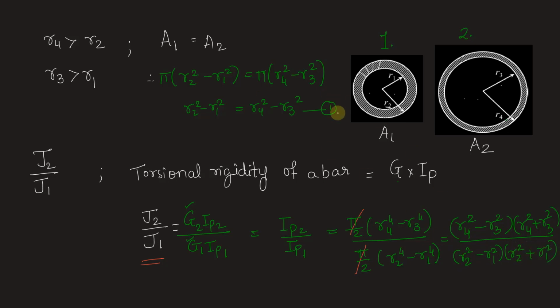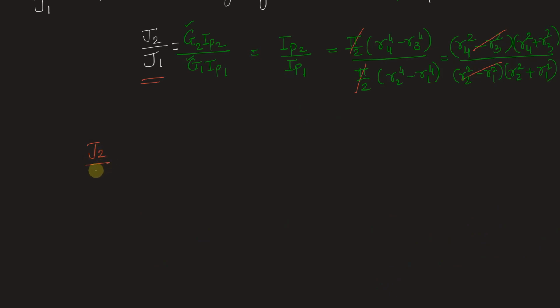Here's when we use equation 1. So by equation 1, we have these terms are equal to each other. So we can cancel them out. The thing that we are left with is J2 by J1 is equal to R4 square plus R3 square divided by R2 square plus R1 square.